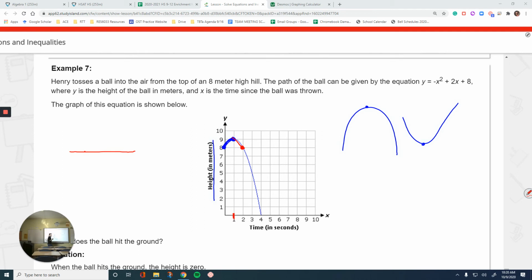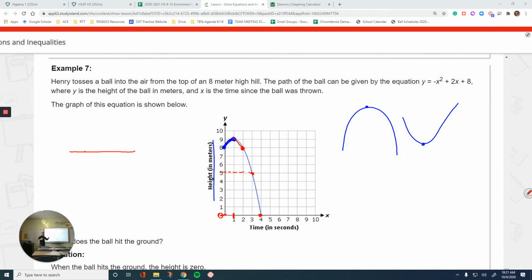It gets back to the original position, and then second 3, it's right here, 5 meters higher than the ground. Second 4, it's at the ground level, because this is the ground. This tells me how high it is from the ground. 0 is the ground level. 4 seconds later, it falls. Okay? 1 second later, it's at maximum. Second 2, it's at the original height where he tossed the ball. And then after 4 seconds, it's on the ground. After 3 seconds, it's at 5 meter height right here.